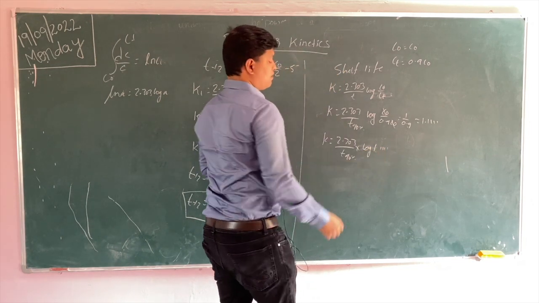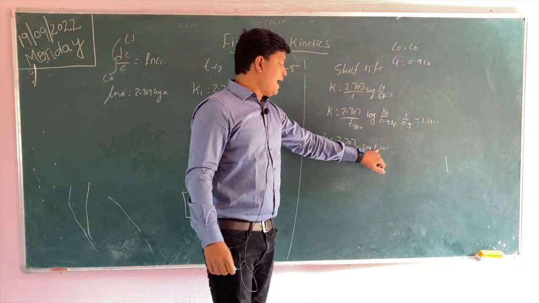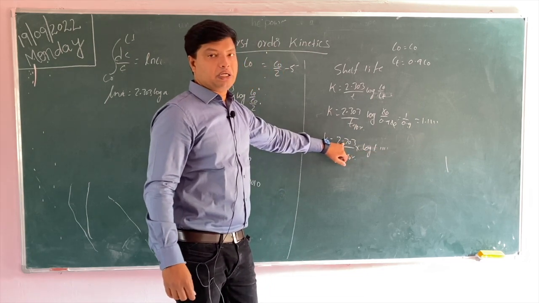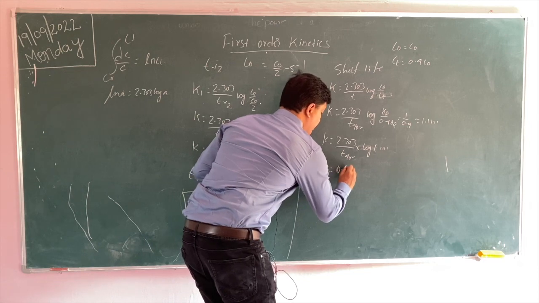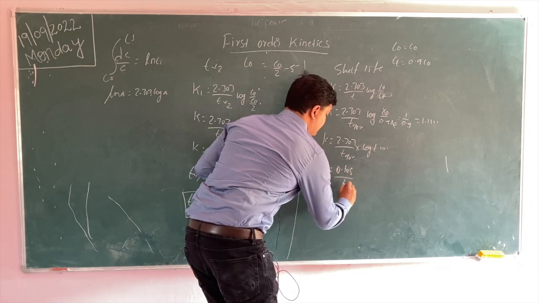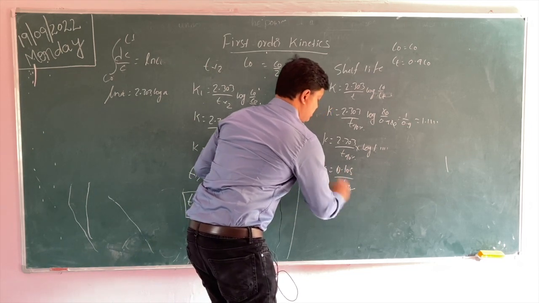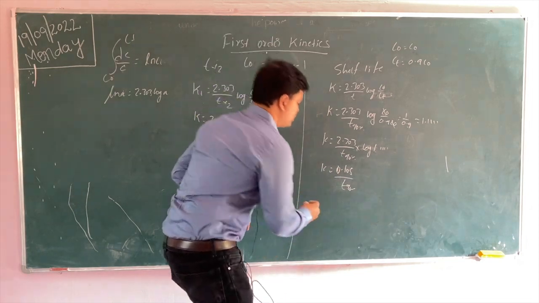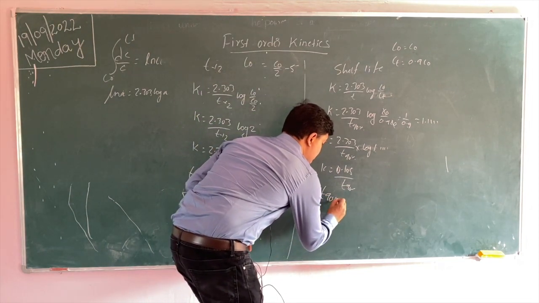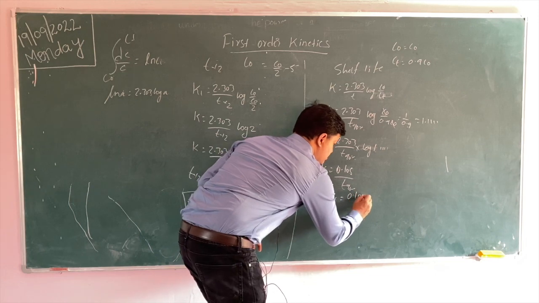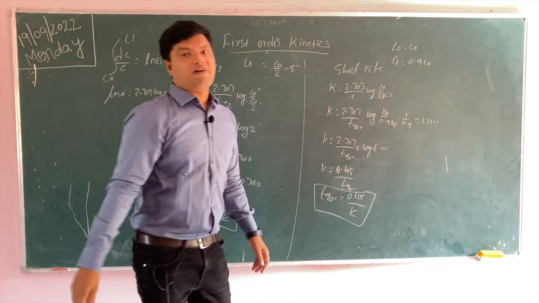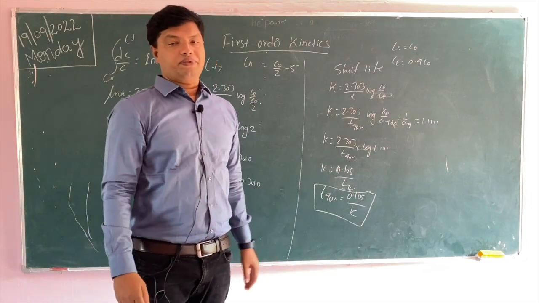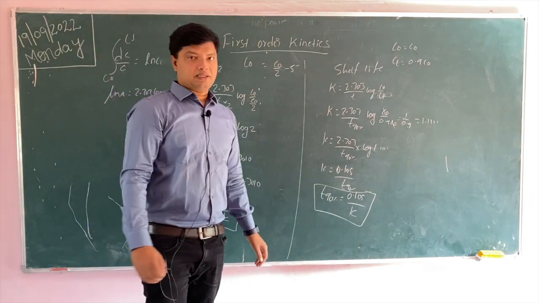If you take the log of 1.111 and multiply it by 2.303, you will get 0.105 by T 90%. So, rearrange the equation, what you will get? T 90% is equal to 0.105 by K. So, this is the equation for shelf life of your first order kinetics.